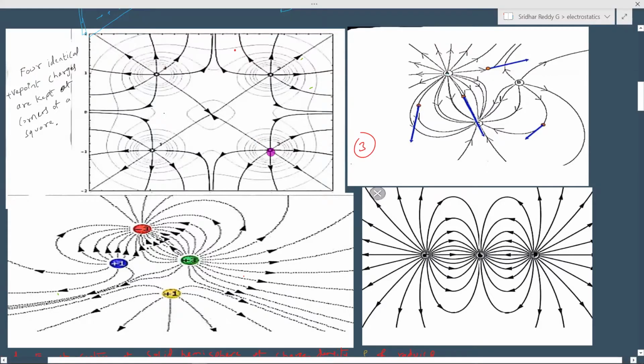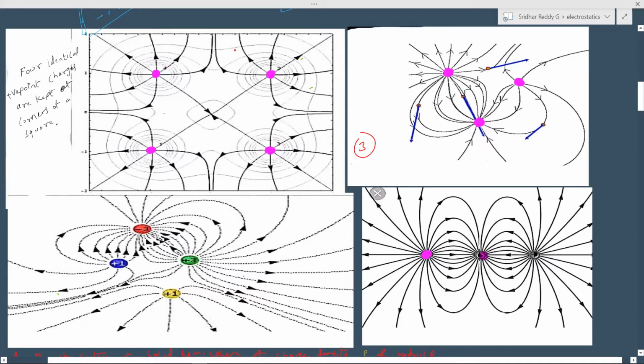Okay, for your benefit, I'll give some color for them. Okay, now I think you are able to see. These are the charges.